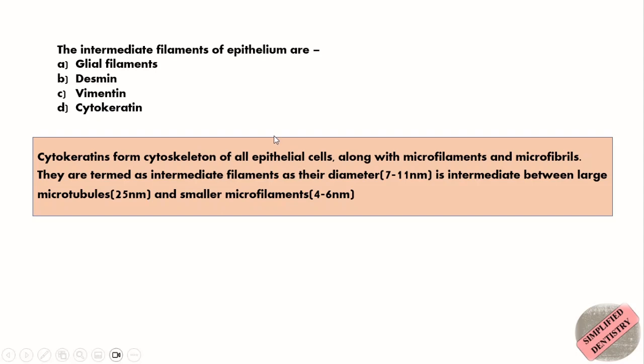They are termed as intermediate filaments as their diameter, that is 7 to 11 nanometer, is intermediate between the large microtubules and smaller microfilaments. So the answer is option D, cytokeratin. The intermediate filaments of epithelium are cytokeratin.